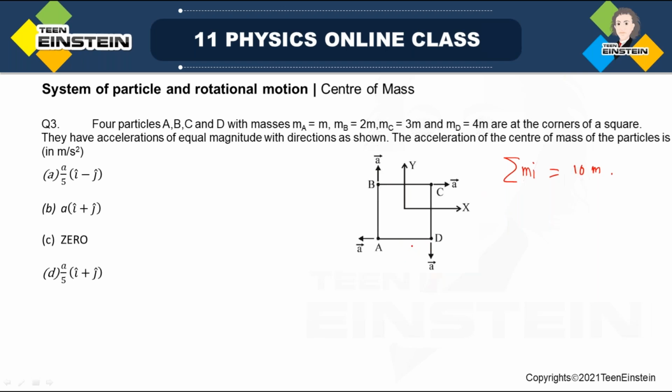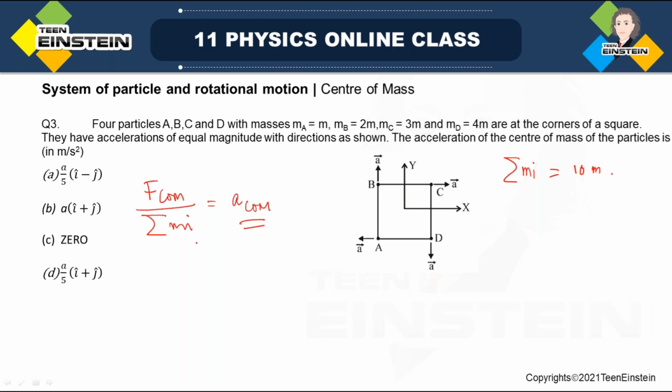So you have to get the acceleration of the center of mass. How do you calculate that? You can calculate the force on the center of mass divided by the mass of the whole object. This is how you can calculate the acceleration of the center of mass.